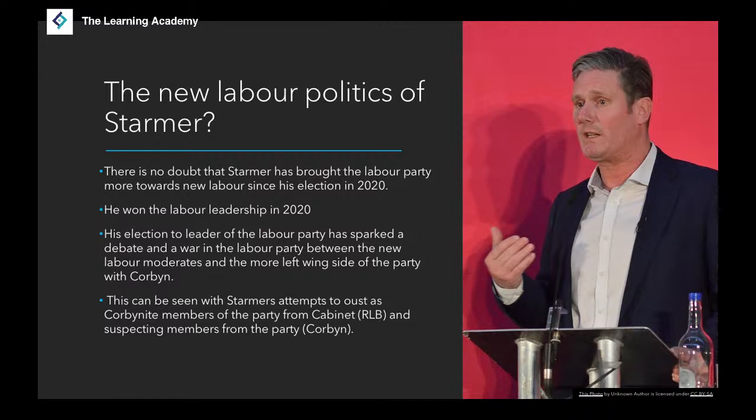So obviously we can see that Keir Starmer's hostility towards the old Labour politics is clear. I'm just linking a number of different points here because there was so much drama going on between the two, between old and new Labour, that it's sometimes difficult to catch up.